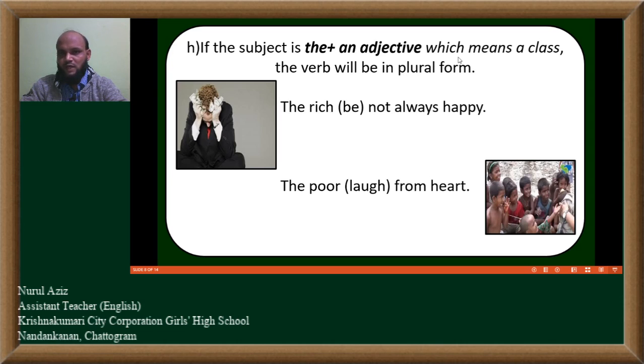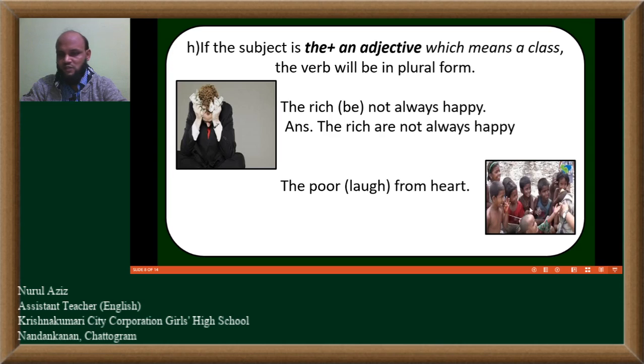So that means a particular class of people. In that case the verb should be in plural form. Here you see the rich, be not always happy. You have to use a plural be verb here. In the image you see this rich man, he has money but he is not happy. So we can say the rich are not always happy.